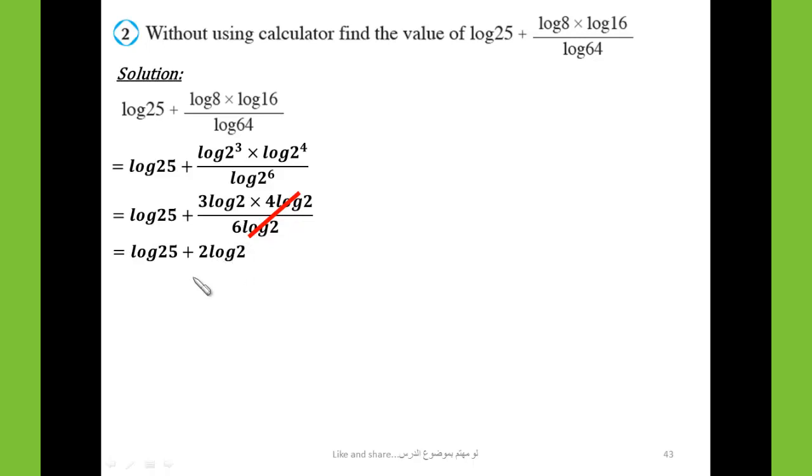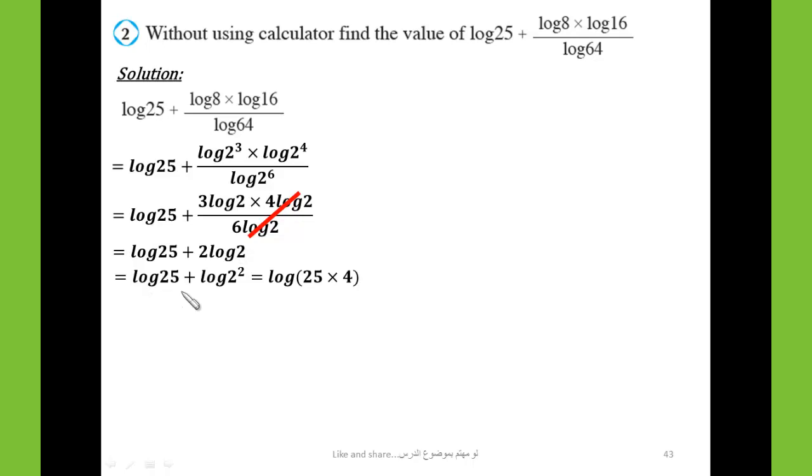And you change the form of addition to multiplication. So log 25 plus 2 log 2 equals log 25 plus log 2 power 2. 2 log 2 equals log 2 power 2; we put the power 2 here.